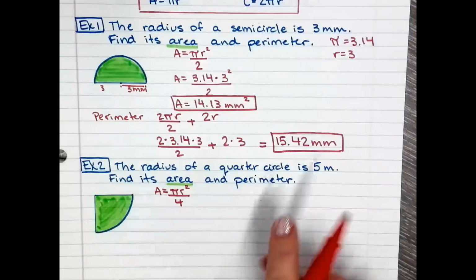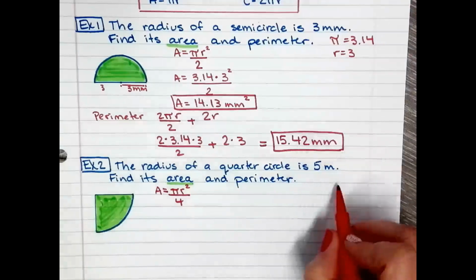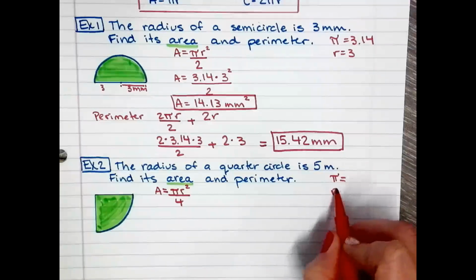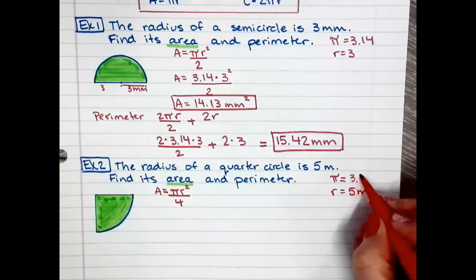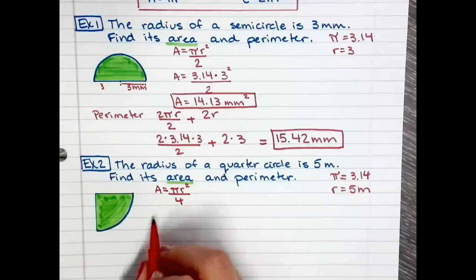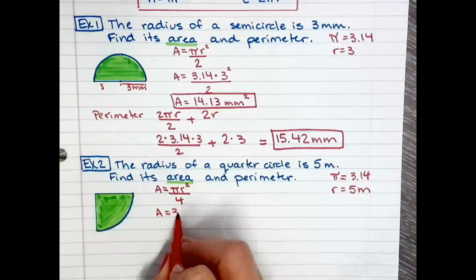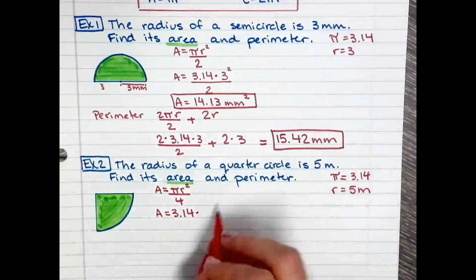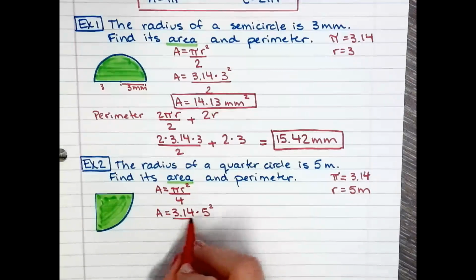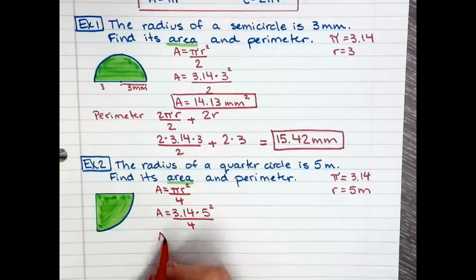Easy money. So here they gave us the radius is 5 meters, and I'm still using 3.14 for pi. So the area is 3.14 times the radius 5 squared over 4 because it's a quarter circle.